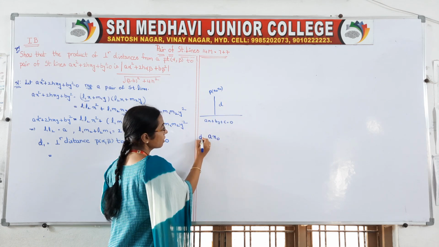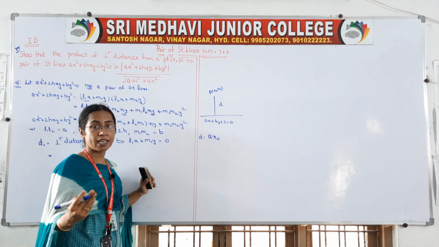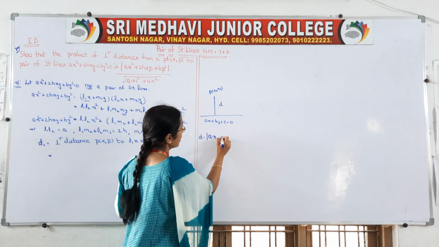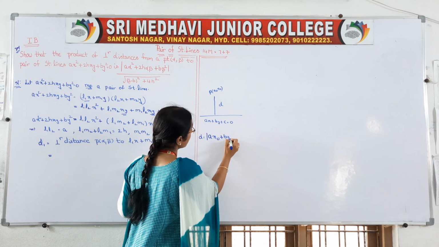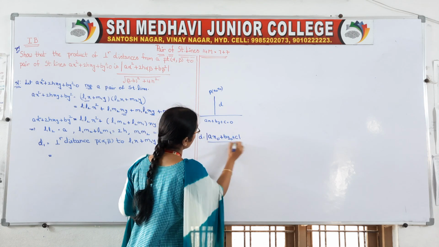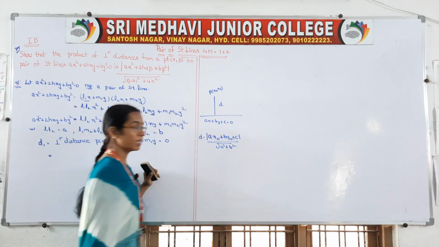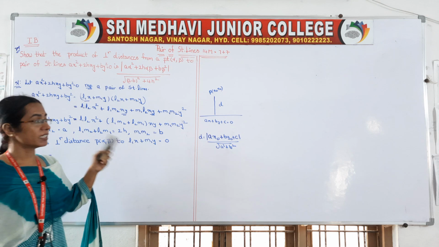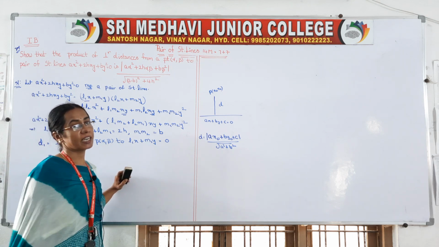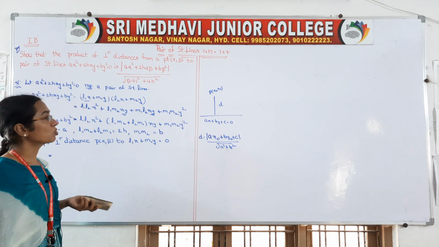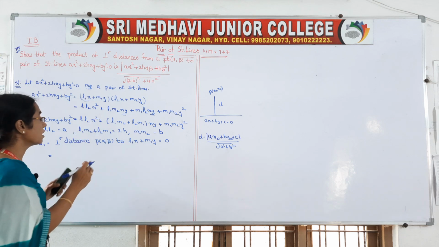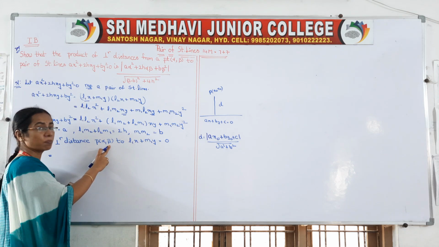So what is your D formula from our straight lines? It is |Ax0 + By0 + C| by root of A square plus B square, isn't it? Already we did this in our straight lines. So here also, instead of x0, y0, the point is alpha comma beta.